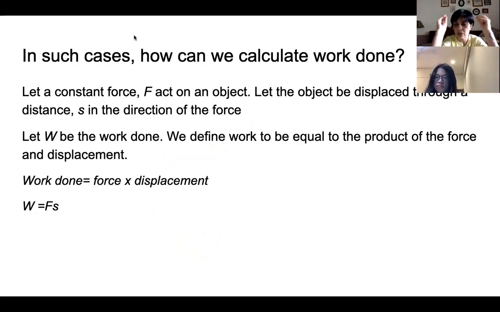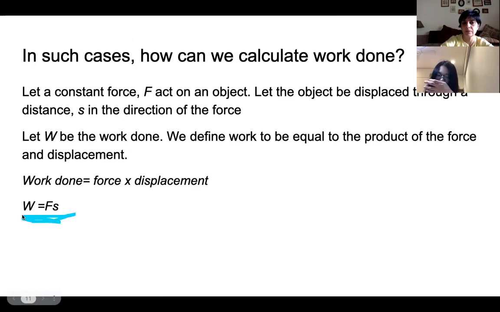When the direction of the displacement and the direction of the force applied is same, we can use this simple formula to calculate how much work was done. And we'll do one such example now.